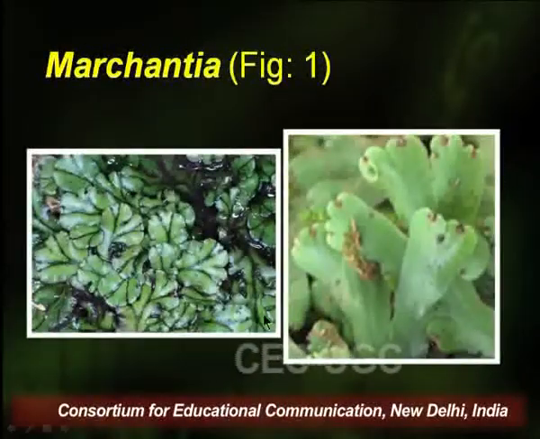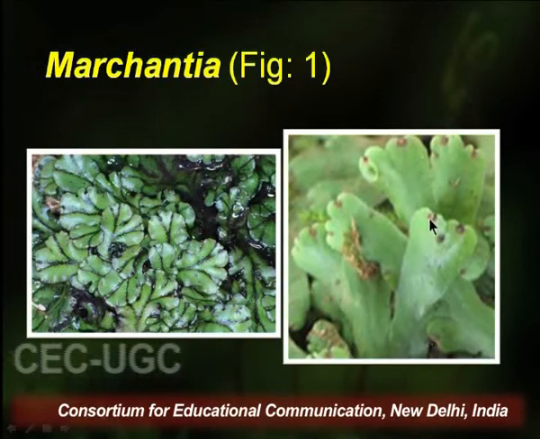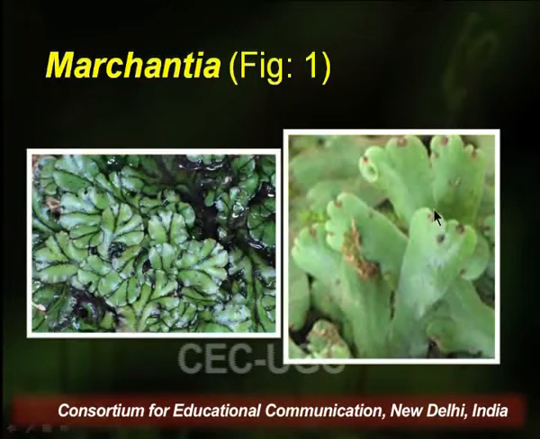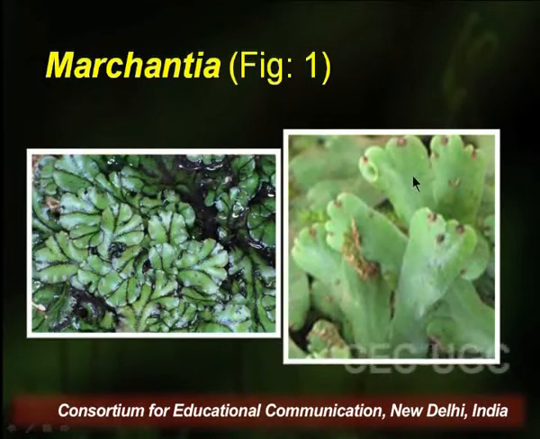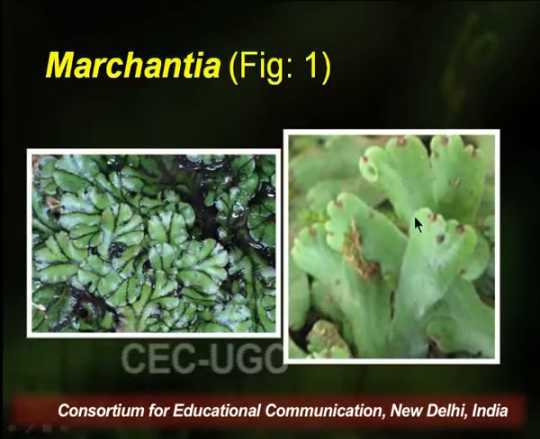You can always see that the thallus, or body pattern, shows a very distinct notch where apical cells are present, and we can also see a distinct midrib in the thallus of Marchantia.